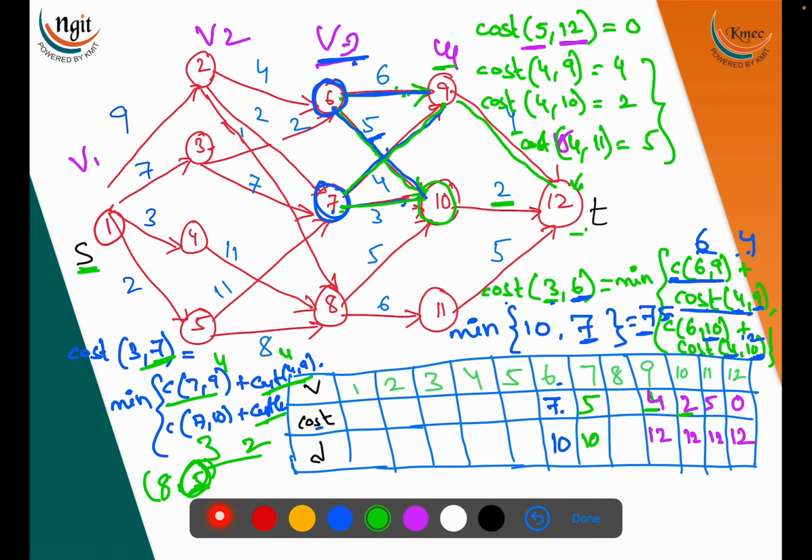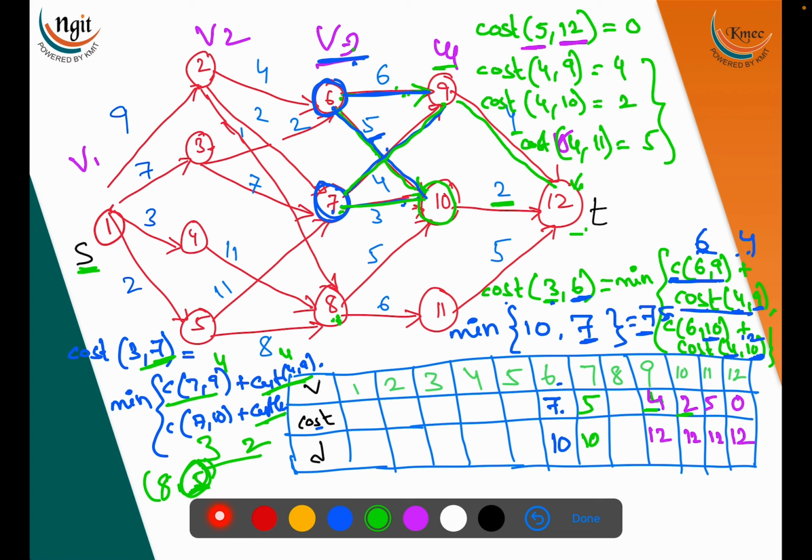We are at this vertex and again you have to calculate this stage. Now again calculate cost 3 comma 8. This vertex is 8, stage is 3. That means you have to calculate cost 3 comma 8.